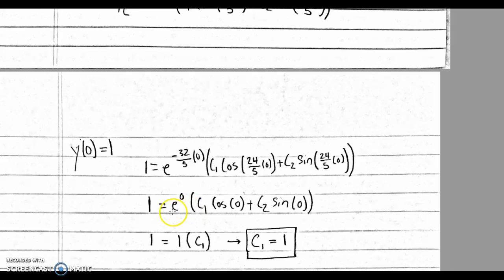And so we have 1 is equal to e to the 0 times c1 cosine 0 plus c2 sine 0. E to the 0 is just 1. Cosine 0 is 1. So we have 1 times c1 plus c2 times sine 0 is 0. So we have c1 is equal to 1.